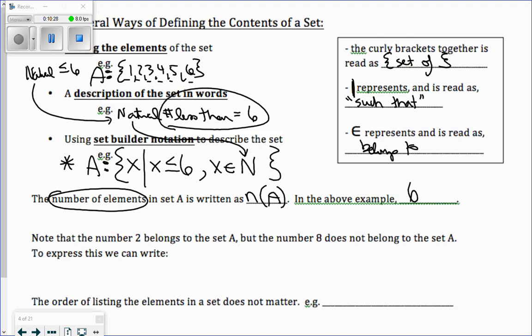So n(A) equals 6. So what you need to understand on the diploma is the question won't read determine the number of elements in the set. The question will just say n(A). So you'll have to know that n means number of. Okay.